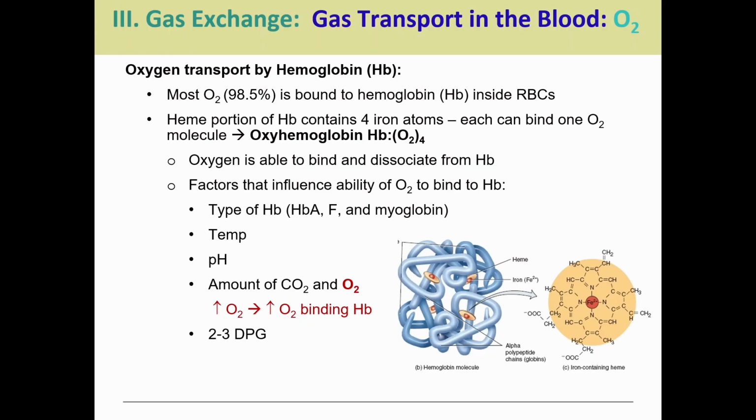It can dissociate from it. Things that are going to come into play: the type of hemoglobin, the temperature, the pH, and then how much carbon dioxide and oxygen we have, as well as 2,3-DPG, right? This is basically something that's going to help with controlling how oxygen is released from hemoglobin.